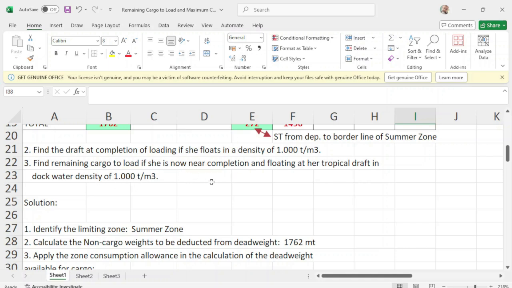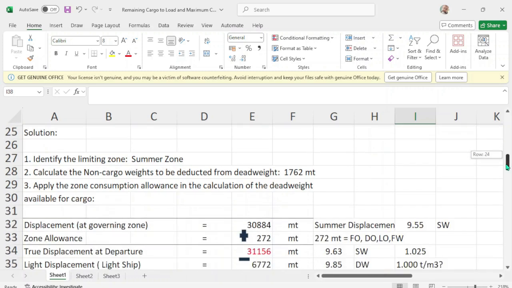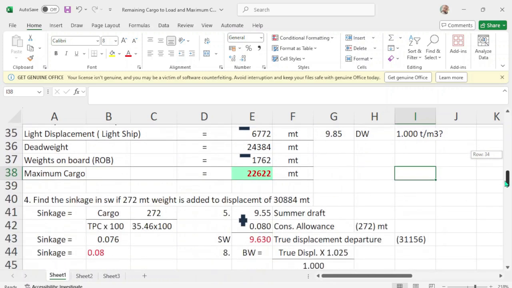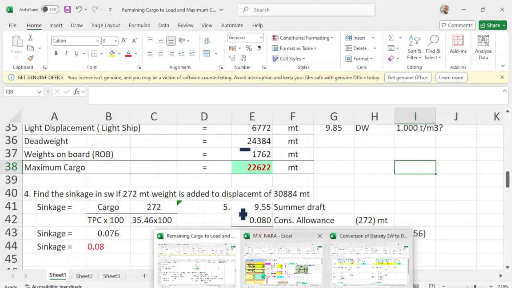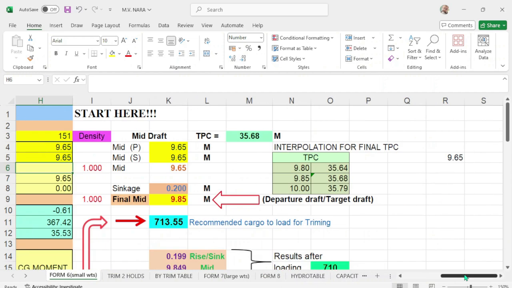So it doesn't say what will be a drop before nearing completion. So what I did was assume that the sinkage should be 20 centimeters, 0.20, okay, and this should be our departure drop.